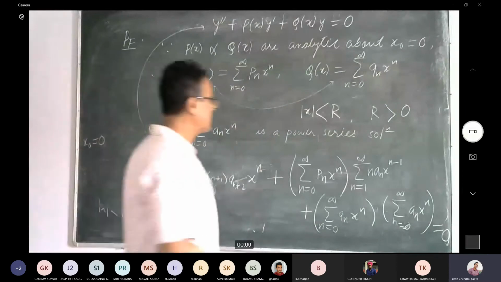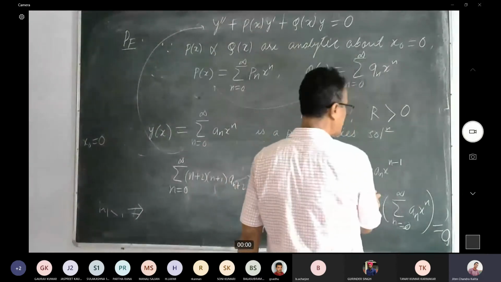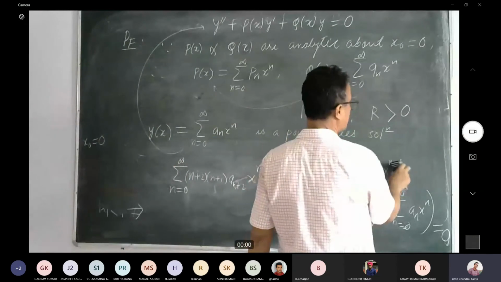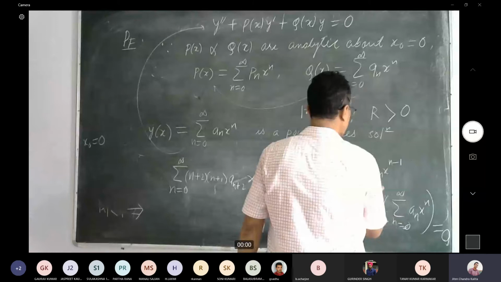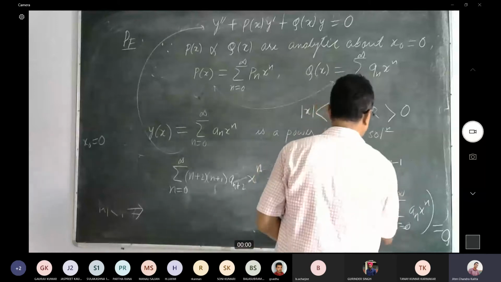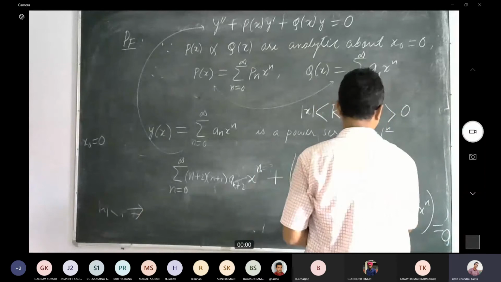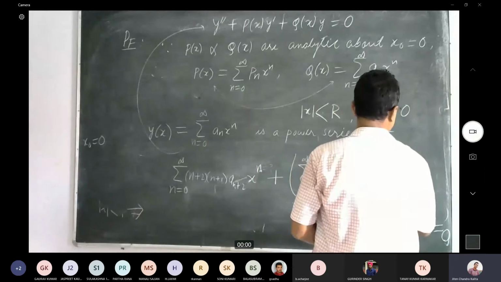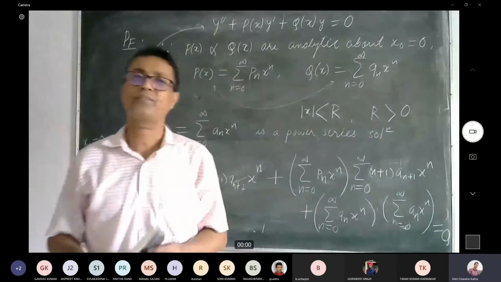And similarly, this one, if you start from n equal to 0 by plugging in n minus 1 equal to p, you know the tricks now. So this is going to be starting from n equal to 0, and this is going to be n plus 1, a n plus 1 x to the power n. Is it okay with everybody?